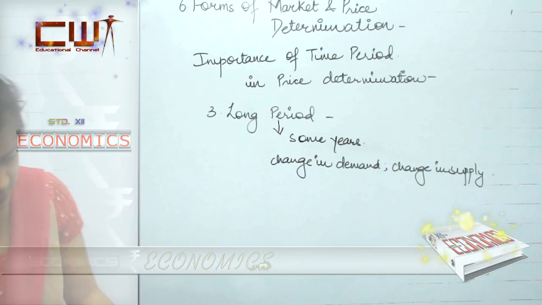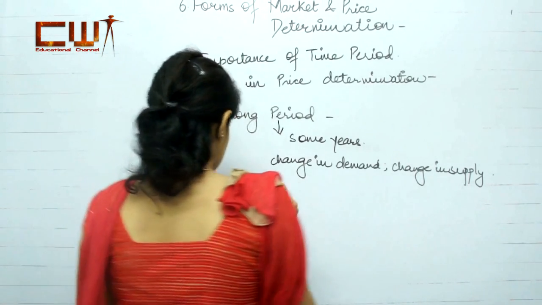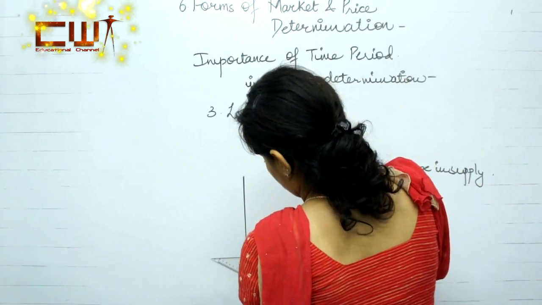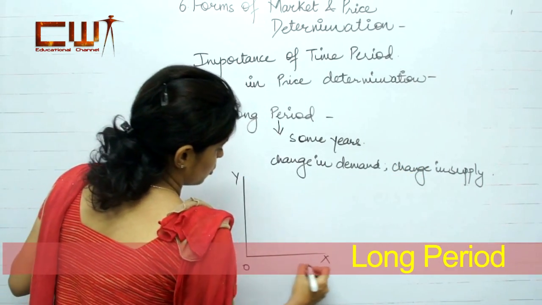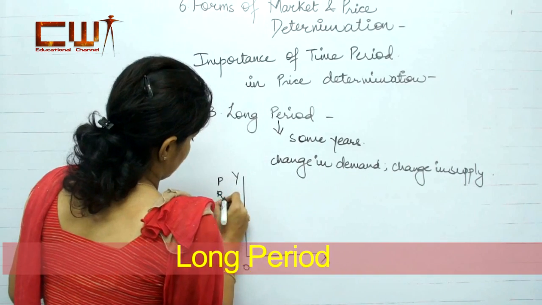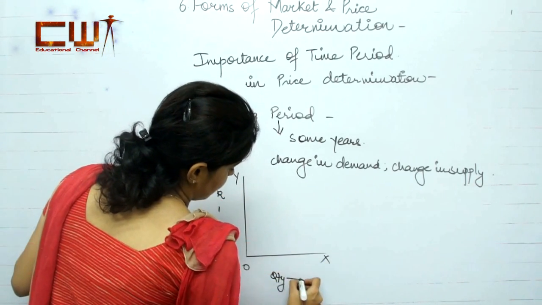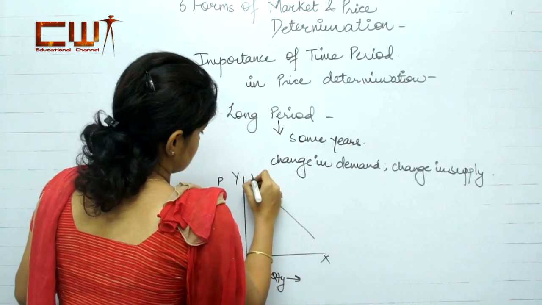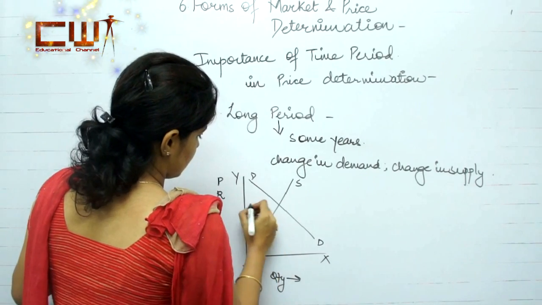So this is the very simple demand and supply curves you have. You can show the increase and decrease. This is the OY axis, this is the OX axis. Here you have the price. Here you have the quantity demanded and supplied. This is your demand curve. This is your supply curve.